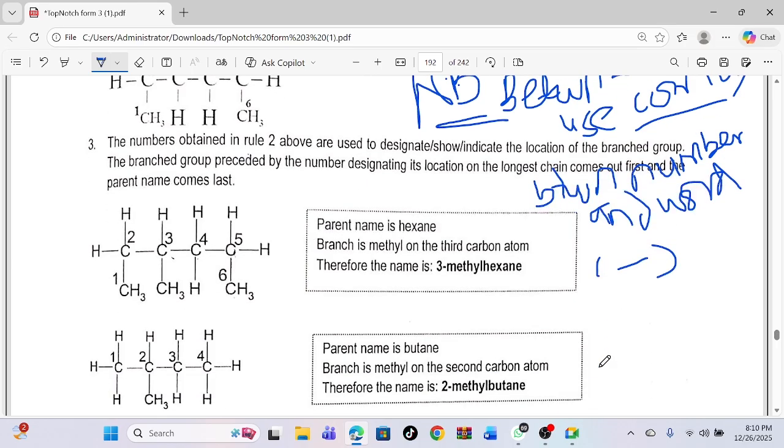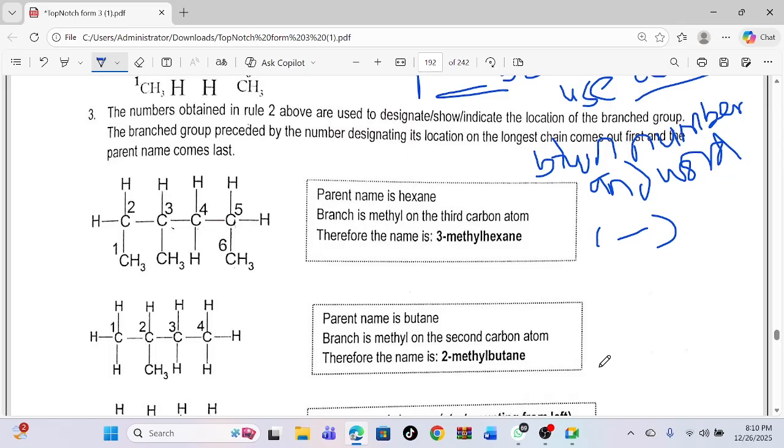So what do I mean? For example, if I want to write 2,2-dimethyl, since numbers mbili zinafuatana, I use a comma. Then dimethyl. So dimethyl is a word.